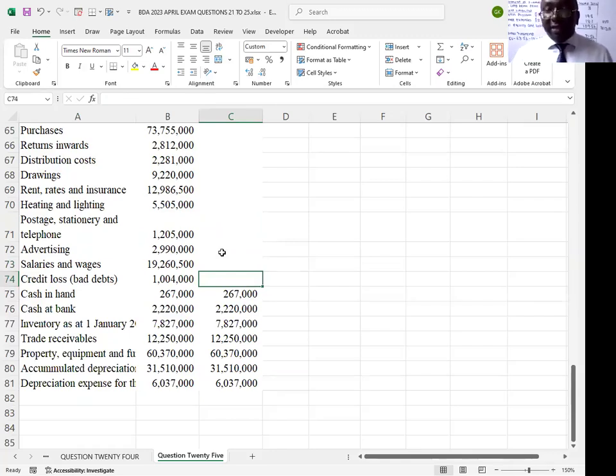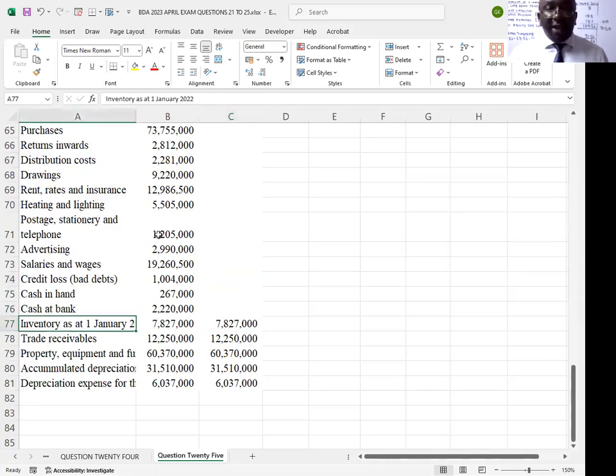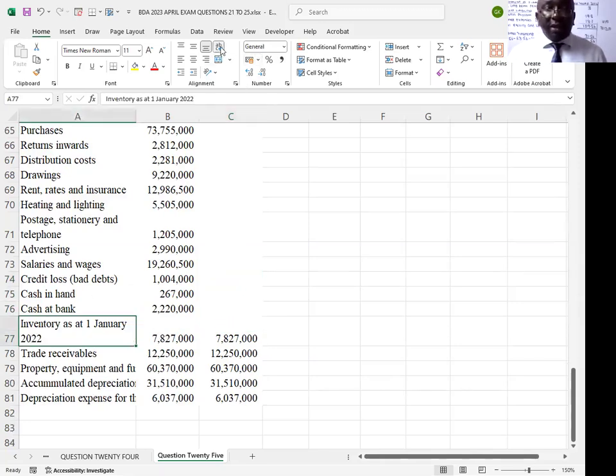Cash in hand. Cash in hand is a current asset, and as a current asset, it needs to be debited. Cash at bank is also a current asset that we need to debit. Inventory at 1st of January is also an asset.